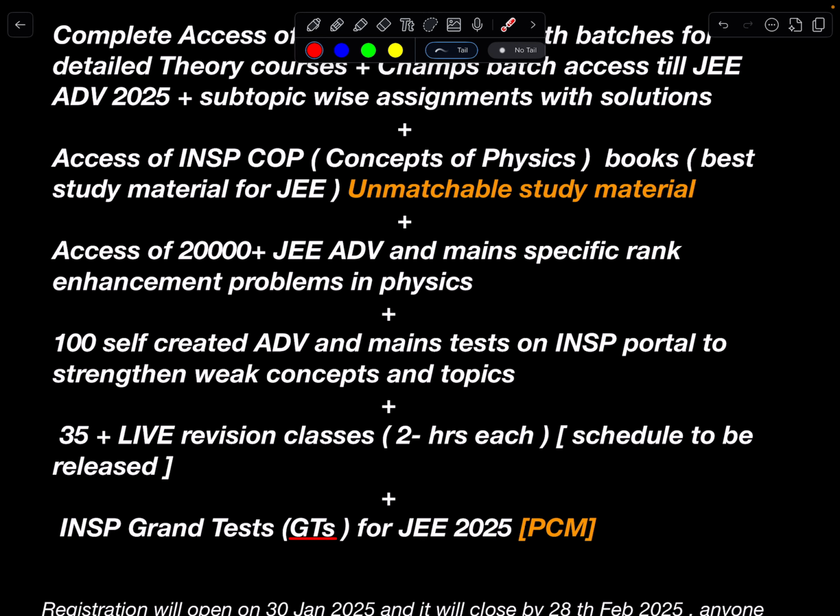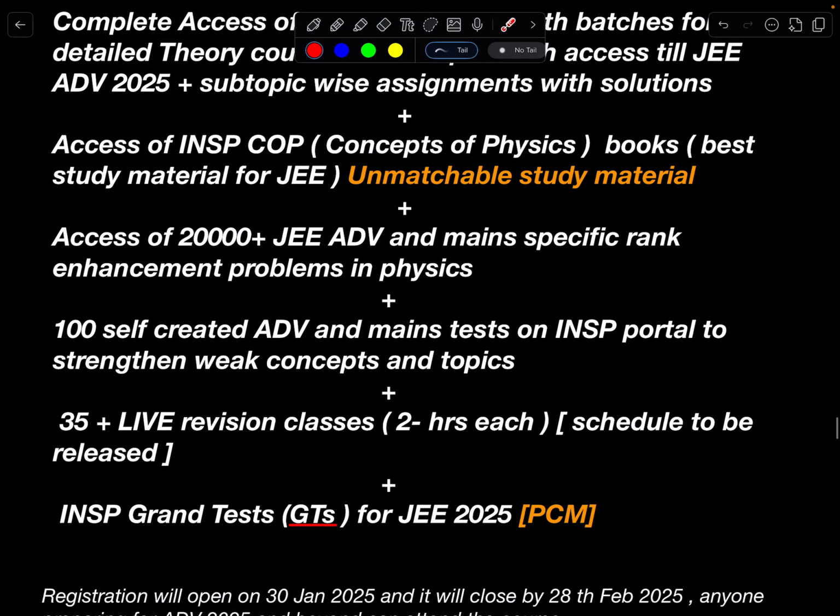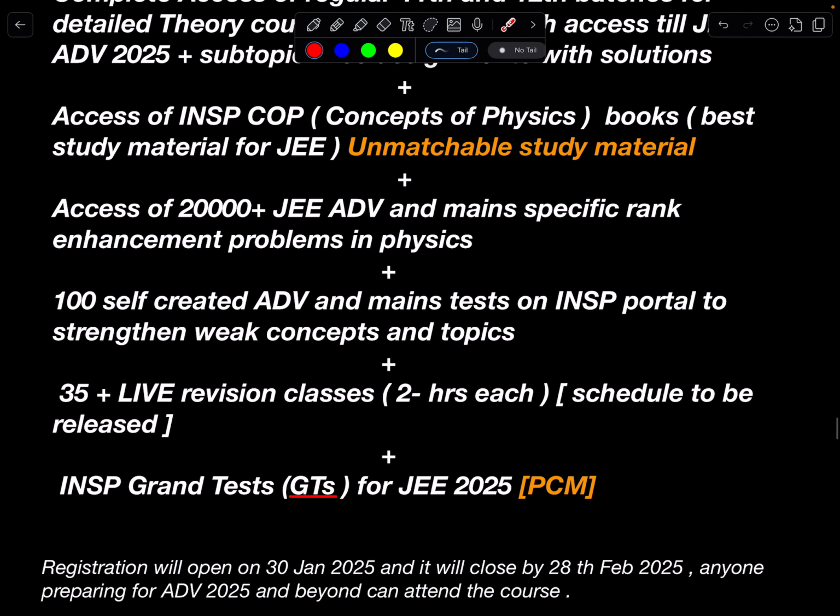And there will be 35 plus live revision classes before JEE Advanced. These classes will be 2 hours each, completely focused on JEE Advanced. The schedule I will release on YouTube and Telegram, as well as on WhatsApp. This time we will have the INSP grand test.